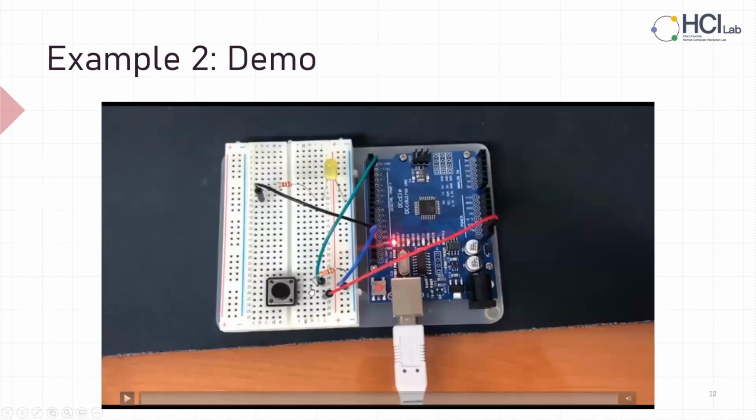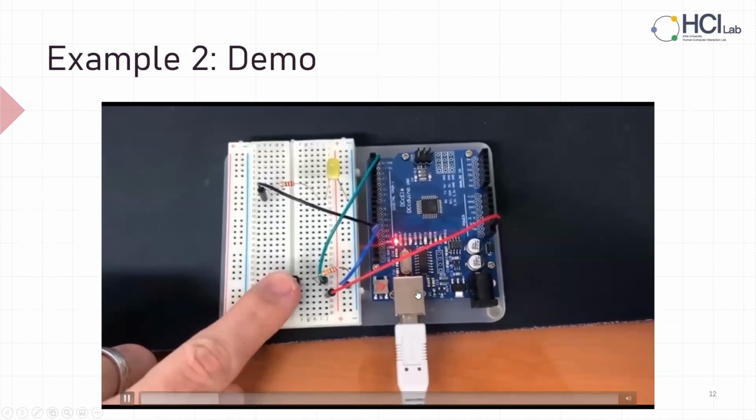And this green jumper wire is pin 2 connected to our push button. And this black wire is ground here, with the connection to pin 13, our LED. Yeah, one more time.